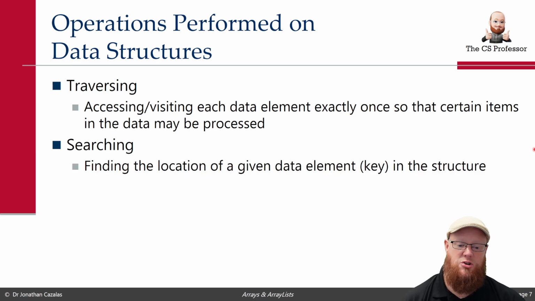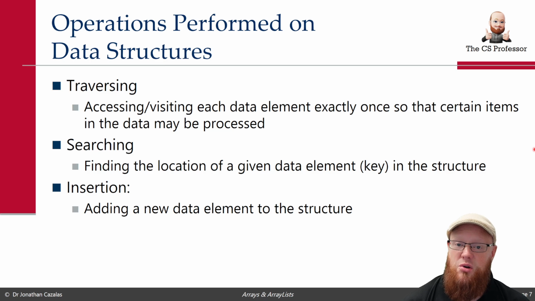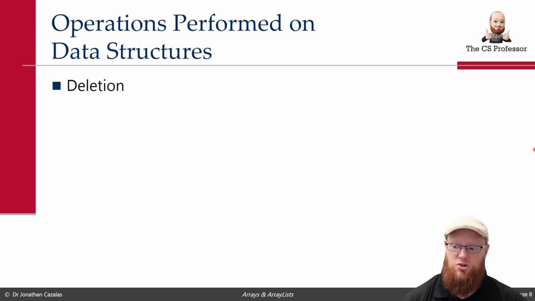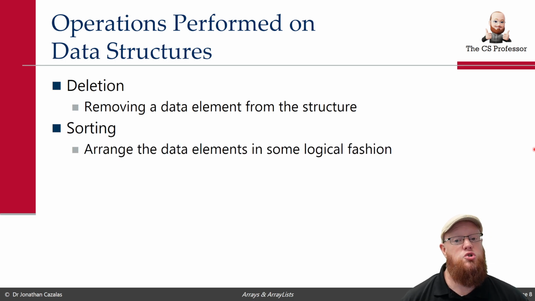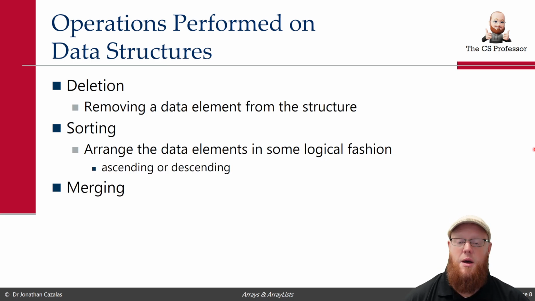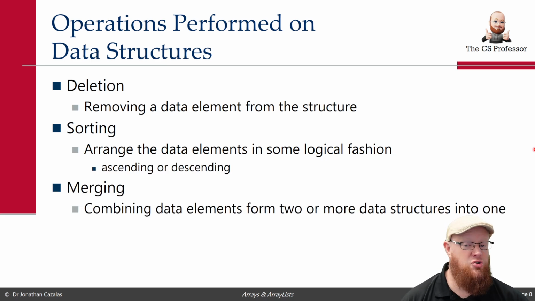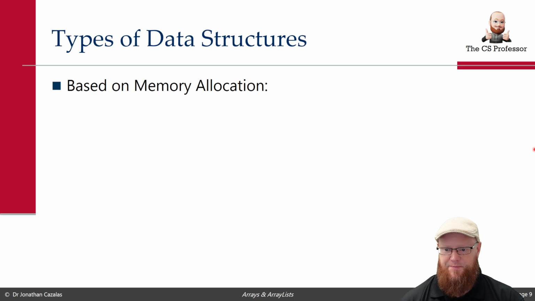Searching over our data structure, finding the location of a given value, inserting values into our data structure, deleting values from this data structure, sorting our data structure. We're going to learn many sorting algorithms towards the end of this course. Merging two data structures together in some fashion. We're going to see that in combination with our sorting algorithms.